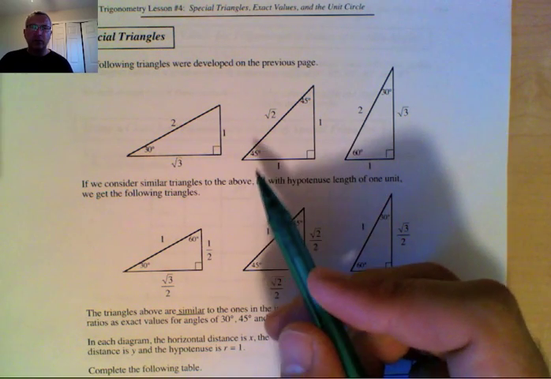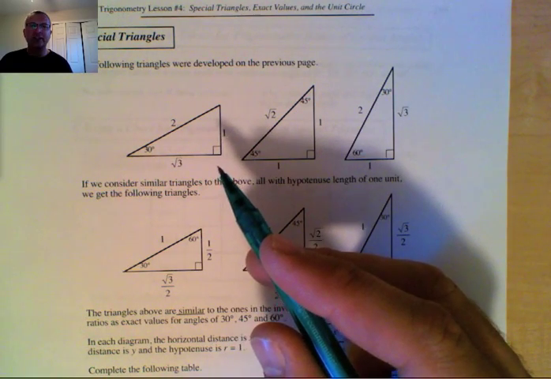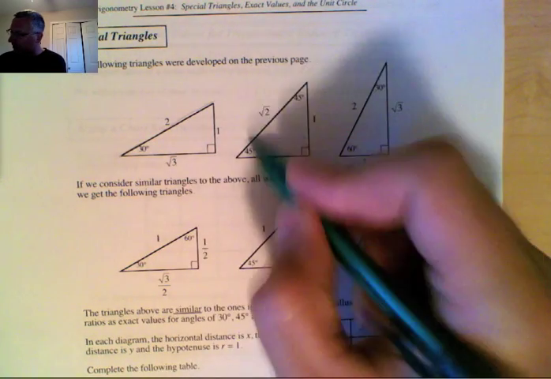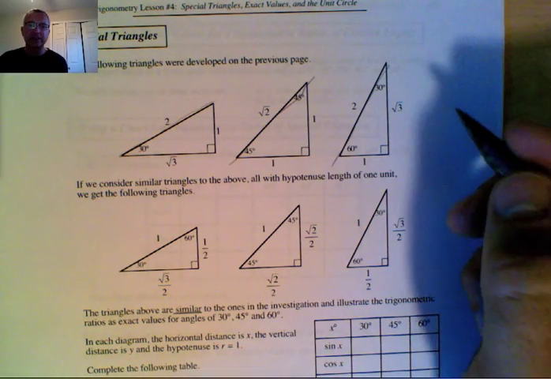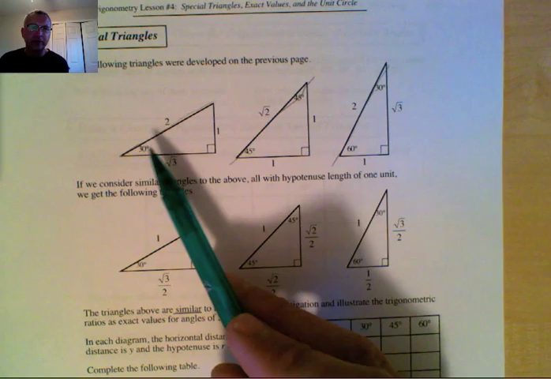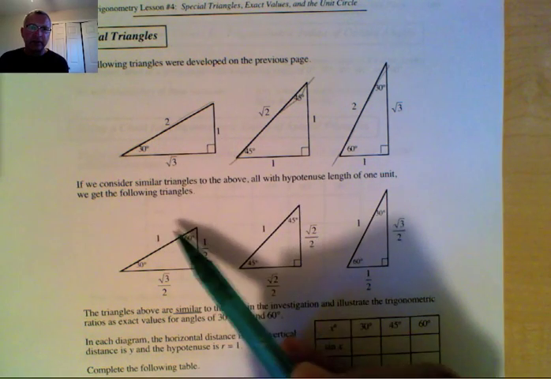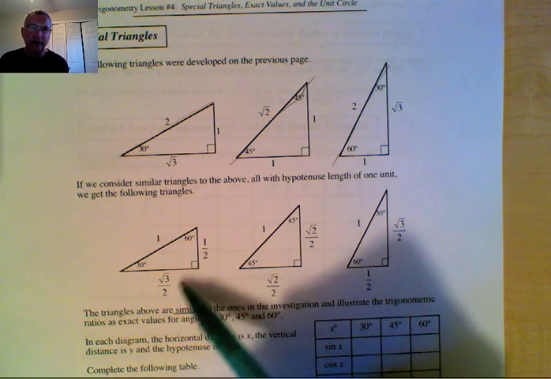Now, if we look at this as a unit circle, a unit circle means we need to make these hypotenuses 1. It means the radius of the circle is 1 unit. So in this first triangle, the 30-degree reference angle, if we divide everything by 2, we get 2 divided by 2 is 1, 1 divided by 2 is a half, and √3 divided by 2 is √3 over 2.